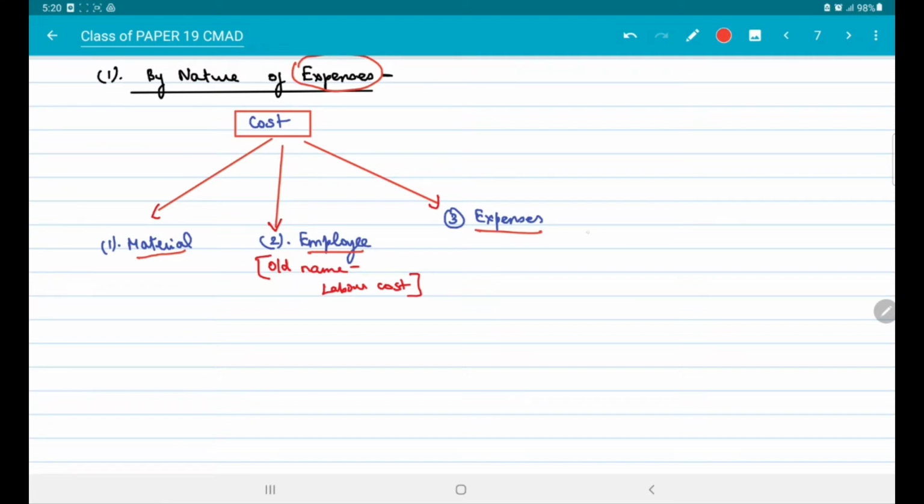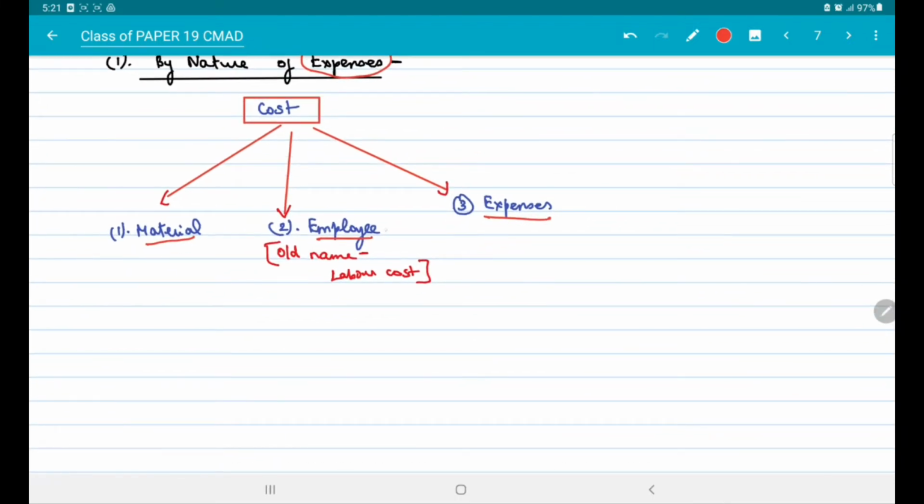There are different standards for material cost, employee cost, and expenses. We will cover in detail as and when we cover those cost accounting standards. Just note down, for employee cost, the old name was labor cost.